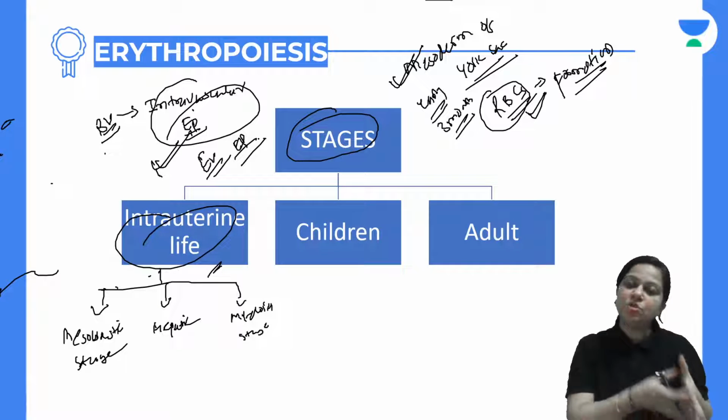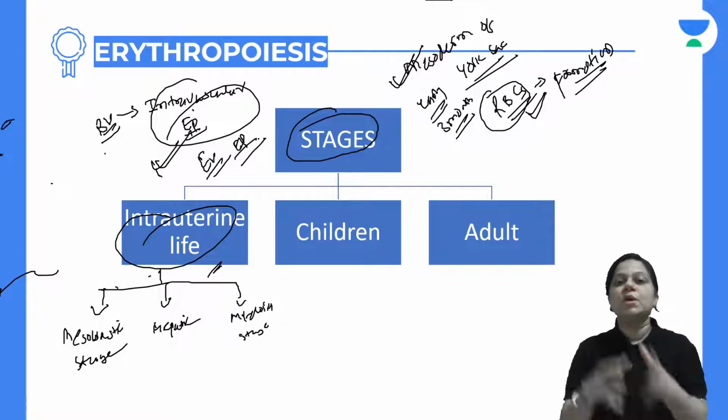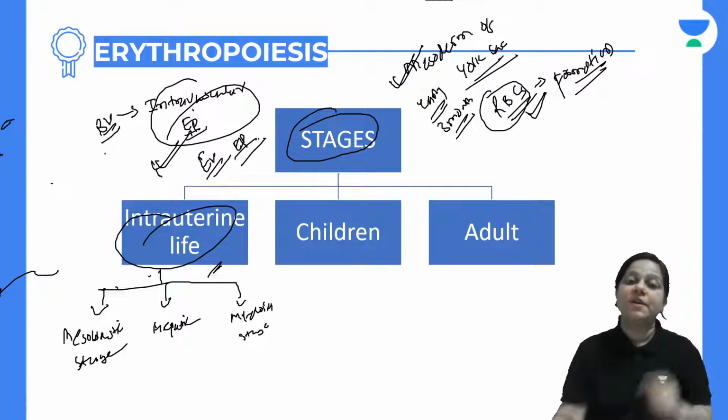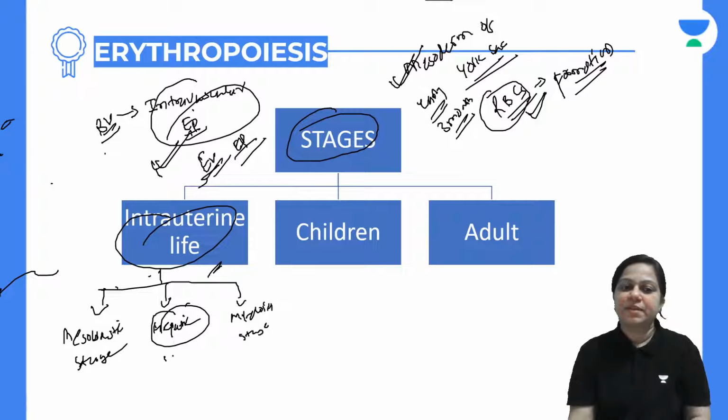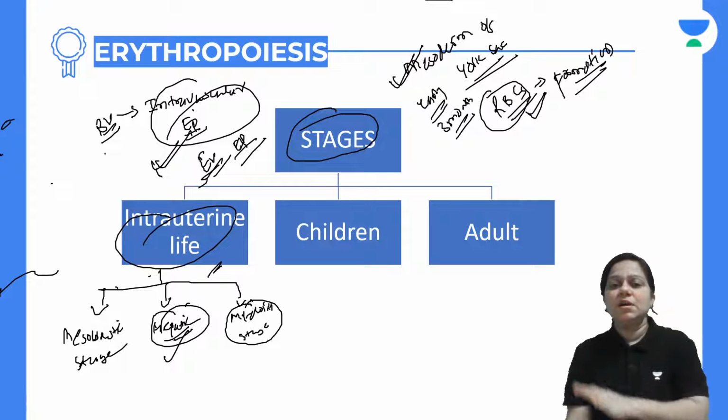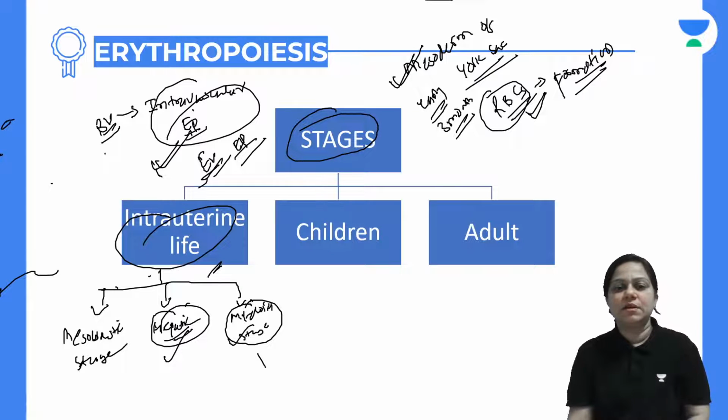From the third month of intrauterine life to the middle of the fetal life, erythropoiesis occurs in the liver. That is the hepatic stage of erythropoiesis. Then from the middle of the fetal life till birth, it occurs in the bone marrow. Then in children and adults, erythropoiesis occurs in red bone marrow.